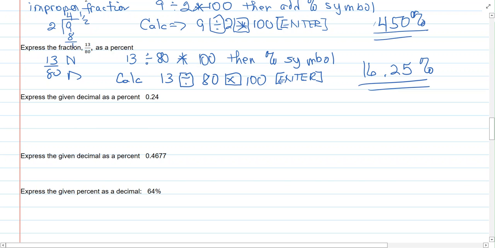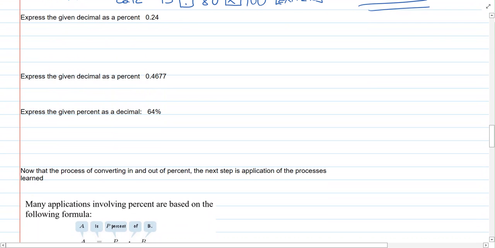Well, now we're looking at our decimal component. On our decimals, we said that if I had a decimal, I could move the decimal to the right 2 places and add the percent. So this is why decimals are so wonderful. This was 24%.